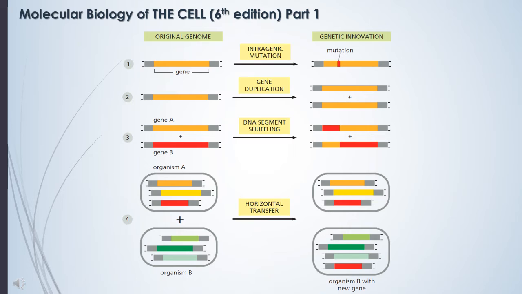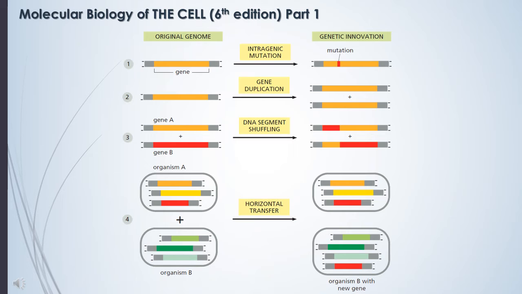The next one is gene duplication, and it's basically the same thing, the same gene being duplicated into two. And then, because they are now separate entities, they can evolve on their own and result in separate genes. The next one, DNA segment shifting, as you can see, is fairly straightforward.